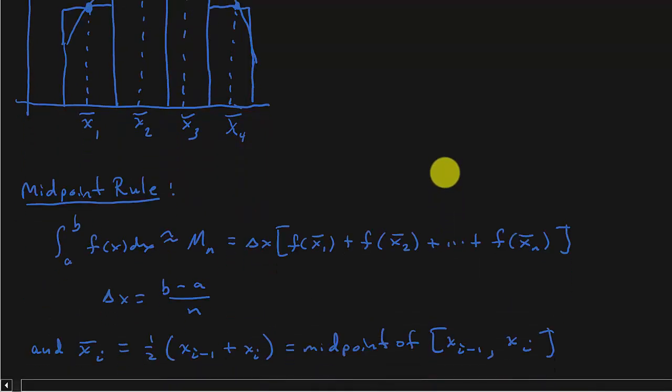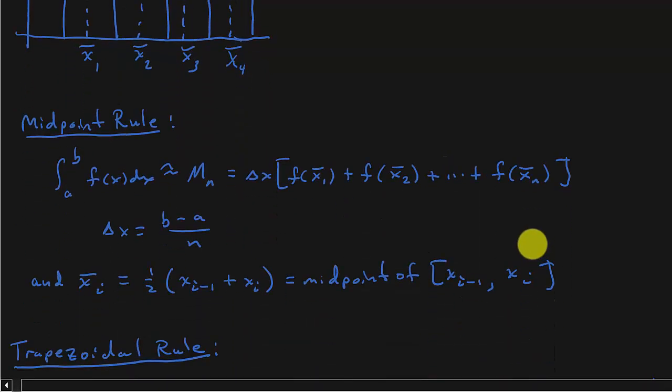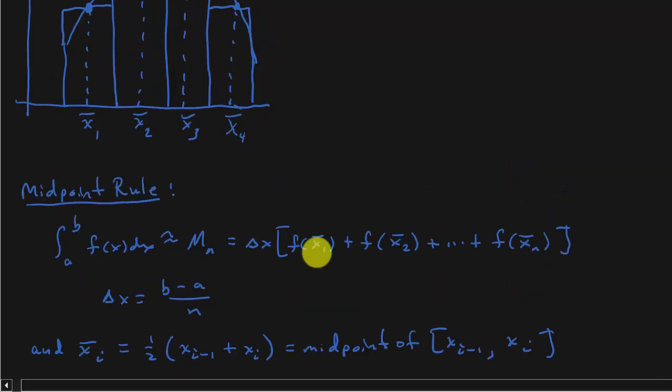So we have the midpoint rule. The midpoint rule from a to b, we're integrating a function from a to b of f of x dx, is approximately equal to delta x times f of x bar 1 all the way to f of x bar n. Now, what is x bar 1, x bar 2, and so on?